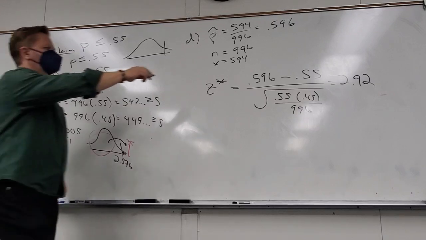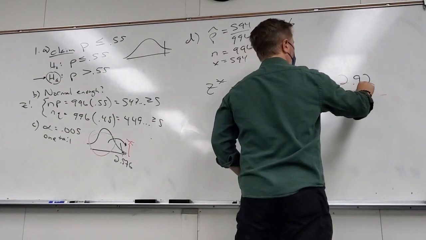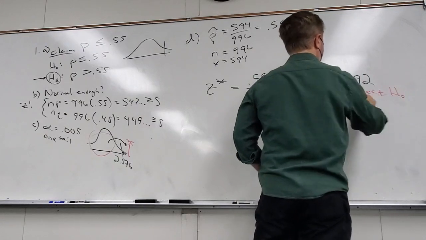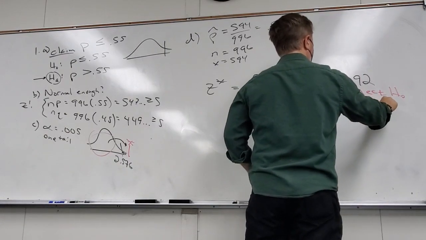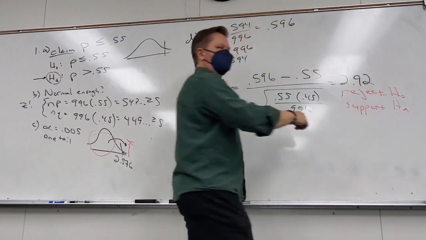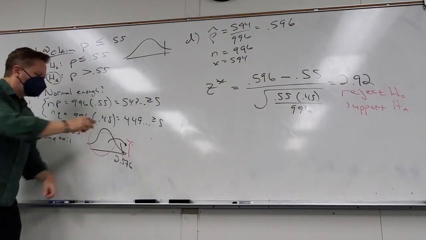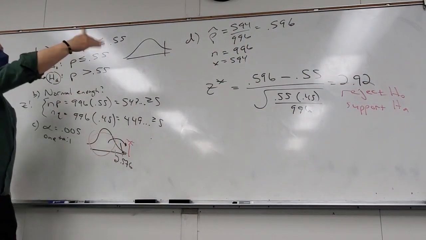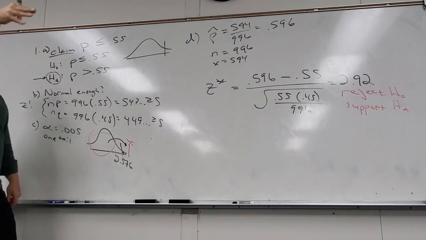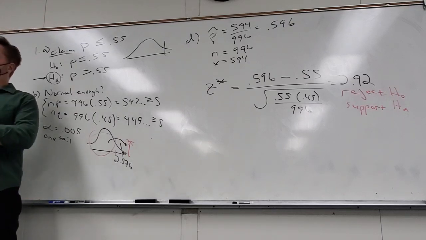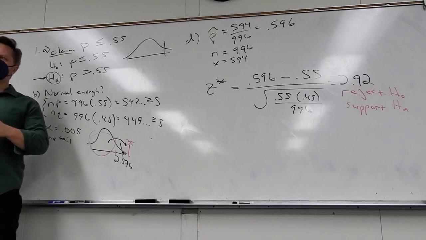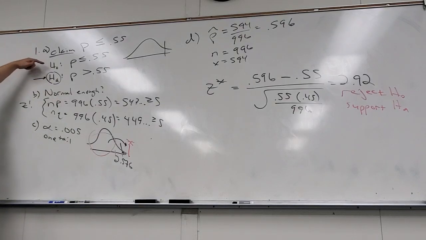So right here I can write reject the null, support the alternative hypothesis. That's what this does. If we don't make it in there, then we fail to reject the null. We fail to support the alternative. Which one was the claim?